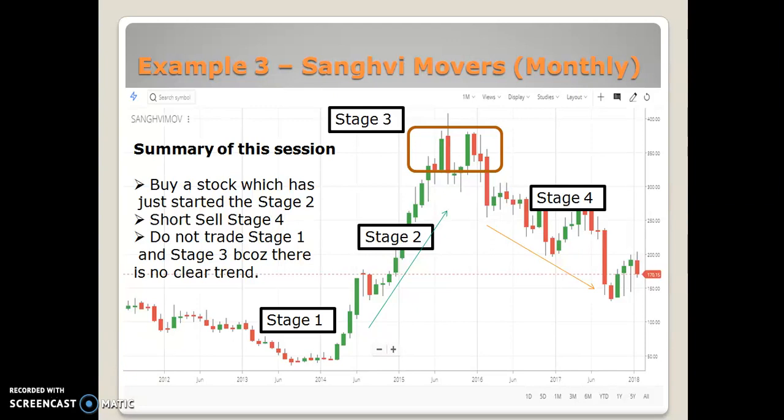I repeat, to summarize the whole session, we would be buying a stock which has just started stage 2 and preferably short selling a counter when the clear downtrend, or stage 4, has begun. We would not take any trade during stage 1 and stage 3.